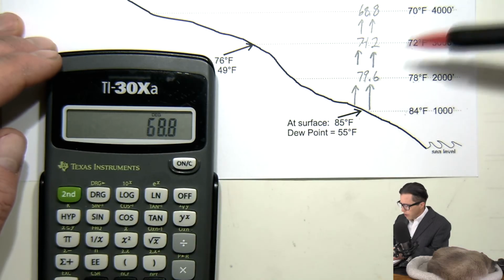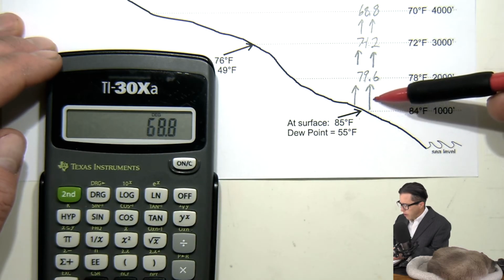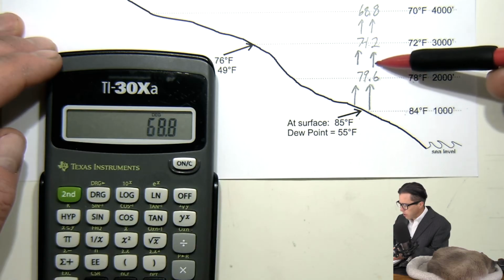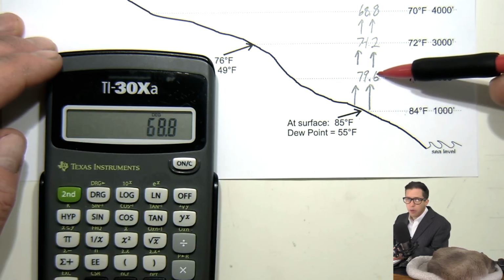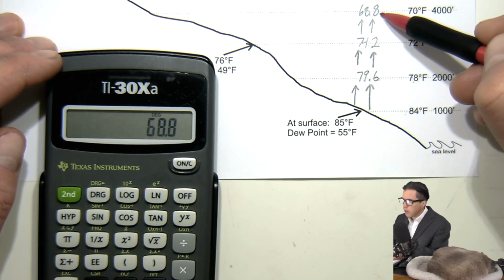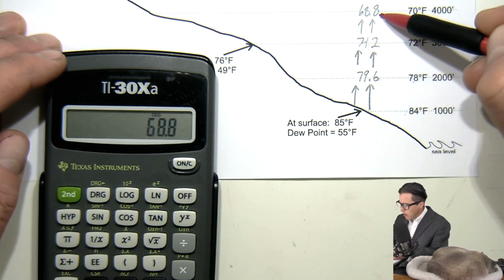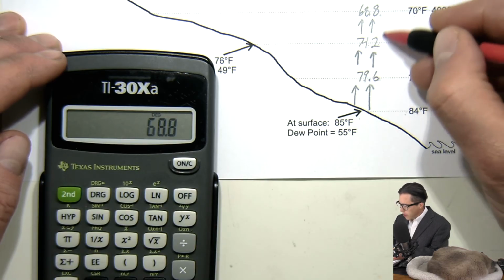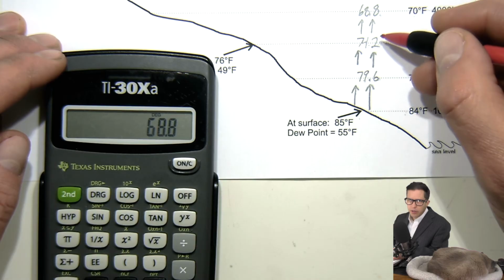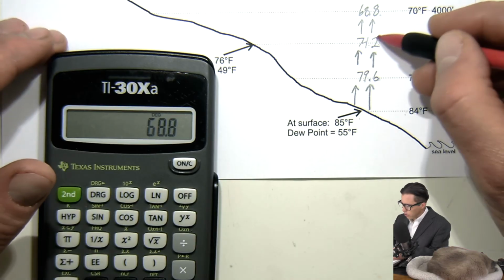So what we know is that our parcel of air will rise and expand and cool, and rise and expand and cool, but stays warmer than the air around it until it gets to this point. That means somewhere between here and here, our rising air stops, and we don't know exactly where. So in this class, for convention, let's just draw it in the middle.